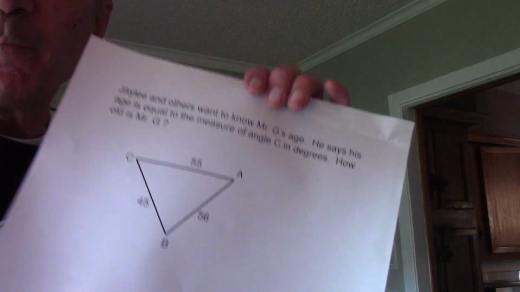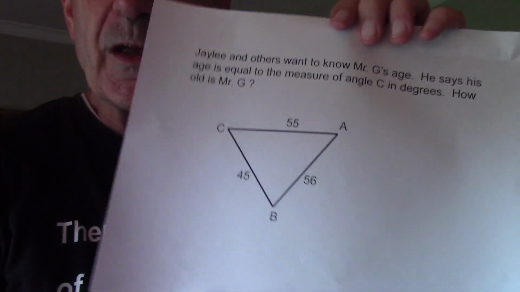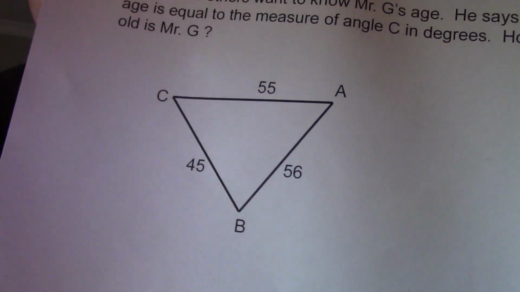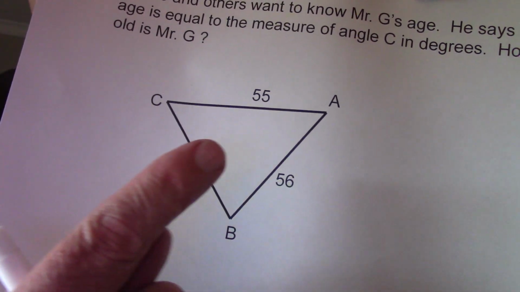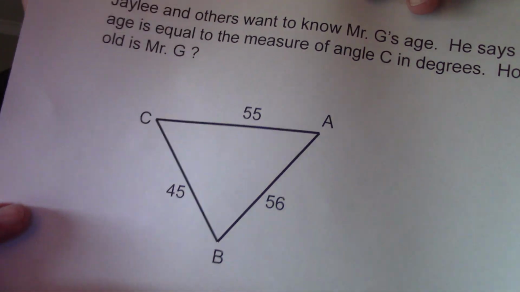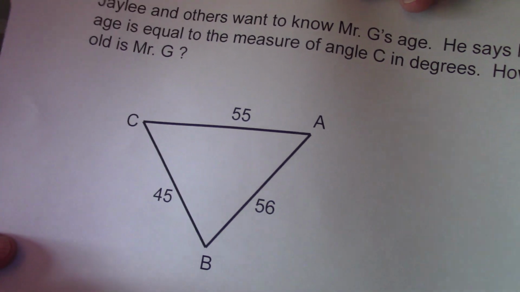I'm going to give you a little clue to what my age really is, and that age is going to turn over the odometer early next month when I go to the next year. But if you look at the numbers on the sides of this triangle, we're trying to find the angle C. Well, look at the sides opposite. The side opposite that C is 56.